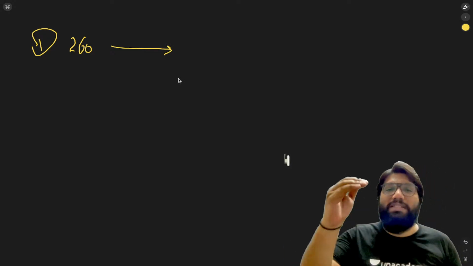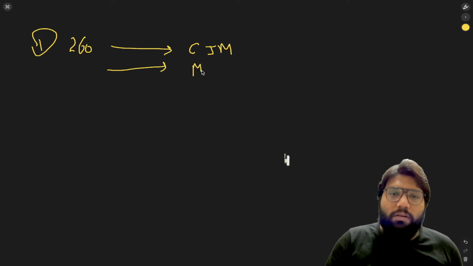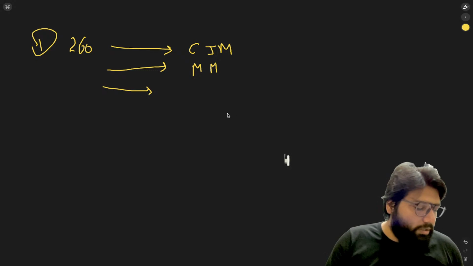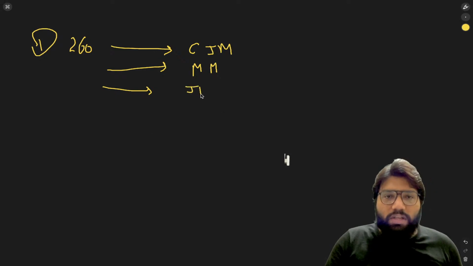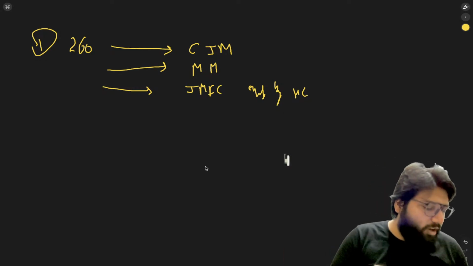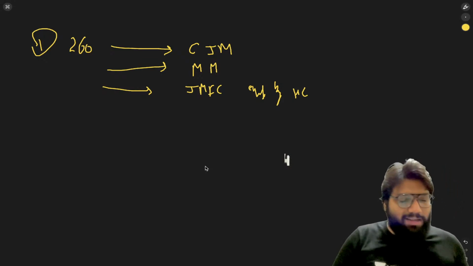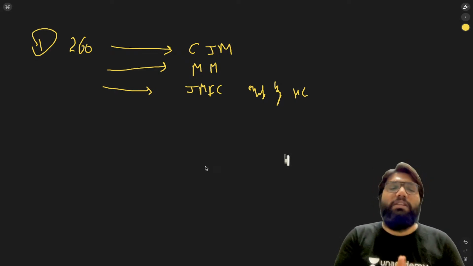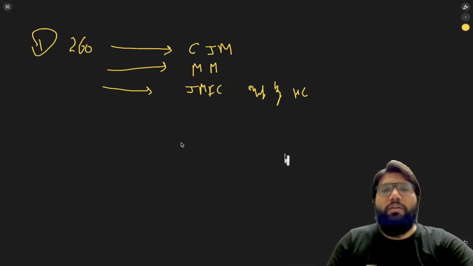Section 260 clause 1 gives you a list: first, chief judicial magistrate; next, metropolitan magistrate, MM, I'm writing in short; and second, magistrate of first class specially empowered in this behalf by the High Court, which means judicial magistrate first class empowered by the High Court, who may think fit to try in summary cases all or any of the following offenses. There is again a list of 9 points given in section 260, which will tell you the subject matter for summary trial.